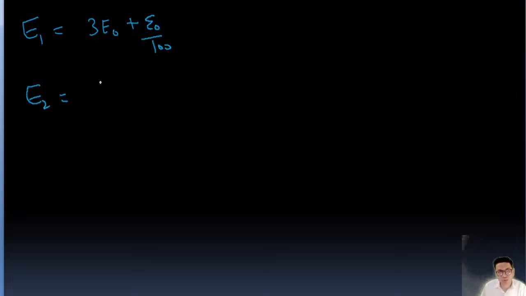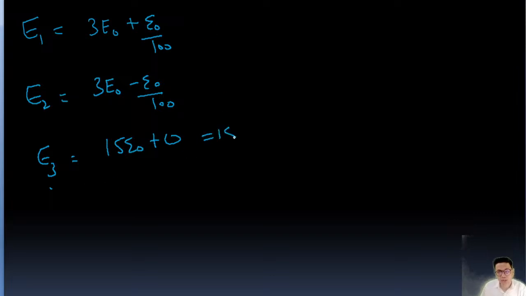E2 is going to be the actual energy, that is 3 E naught minus epsilon upon 100, and E3 is the actual energy 15 E naught plus the first order correction in energy. The first order correction in this energy is 0, we have already found, right? So this is 15 E naught. So these are the answers.